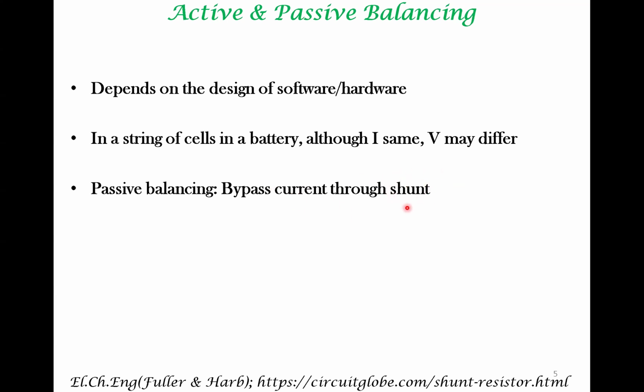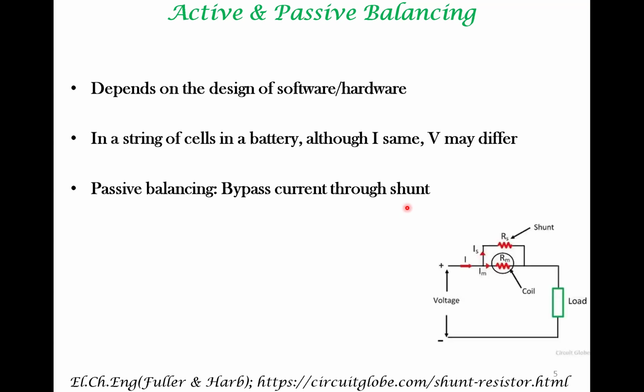You might have heard this jargon, shunt, in your electrical engineering class. So what does shunt mean? You bypass some current. Okay, so supposing these are cells that are in series, when a cell has higher state of charge, when current passes through such a cell, some part of that current is bypassed through a shunt. So this is called passive balancing.